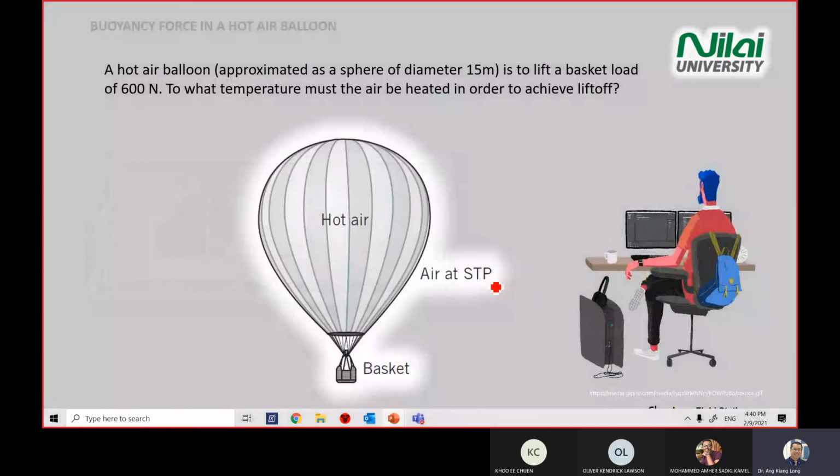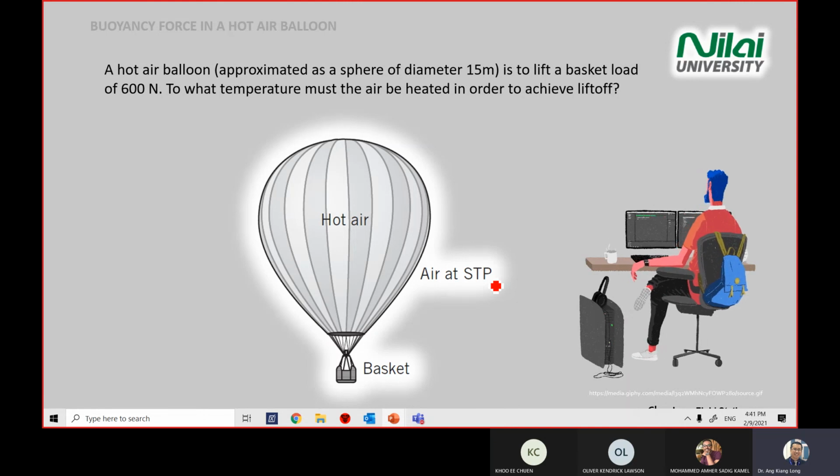Okay, we look at one example. Let's say we have a balloon. You assume that this balloon takes the shape of a sphere with a diameter of 15 meters, and we have a load of 600 Newton in the basket. At what atmospheric temperature must the air be heated in order to achieve lift off?